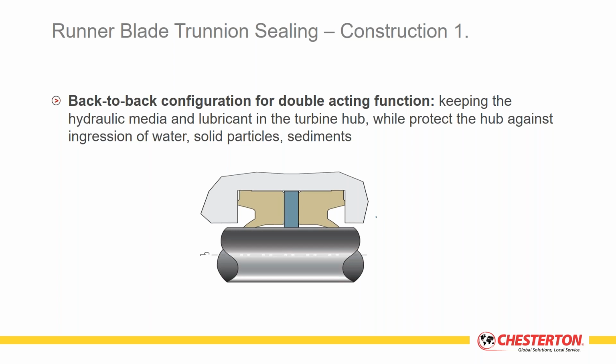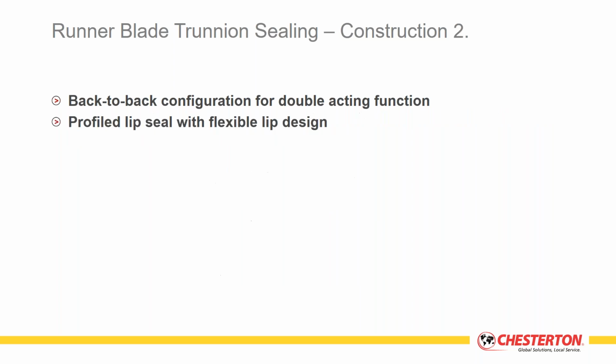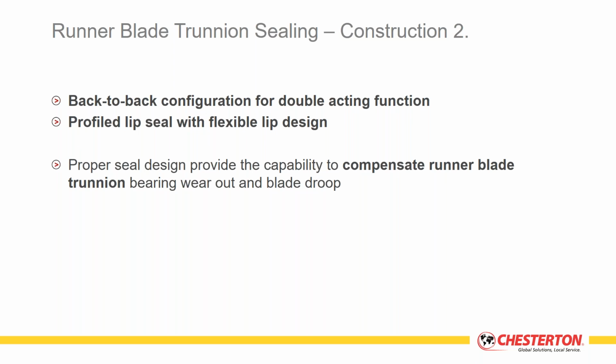First is to keep the lubricant, or the oil, in the hub itself, and the other one is to keep the water and the contaminants out, not let them ingress into the hub, because that is really going to create problems. The second important attribute is that the profile lip seal has to have a flexible lip design, and I'm going to explain in a minute why the flexibility is so important.